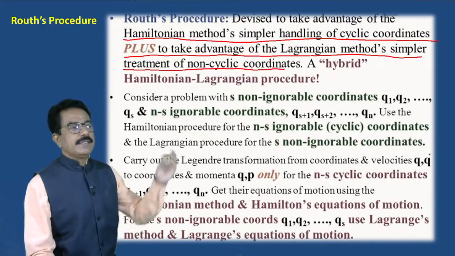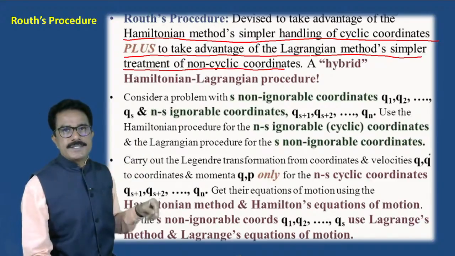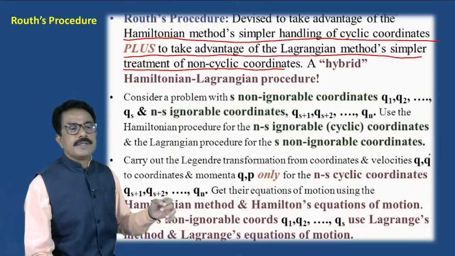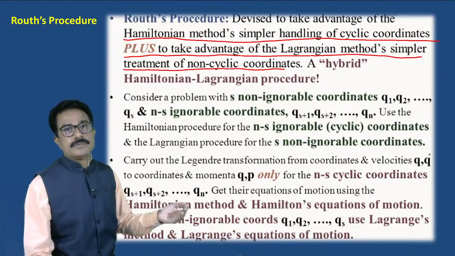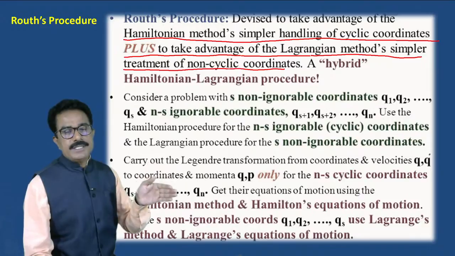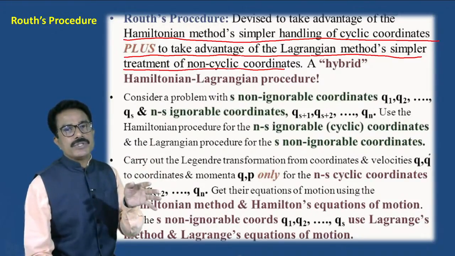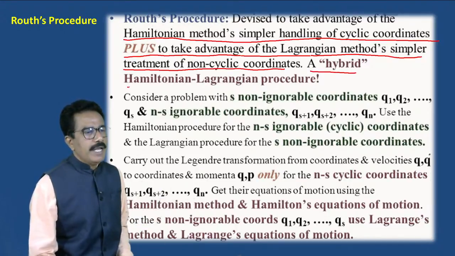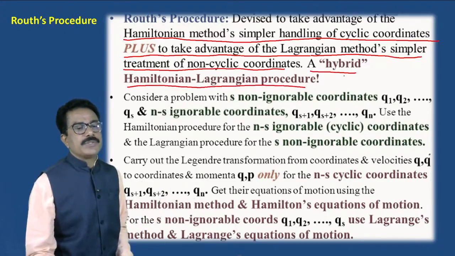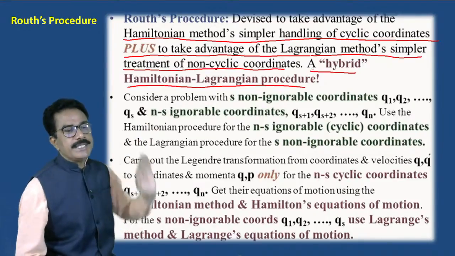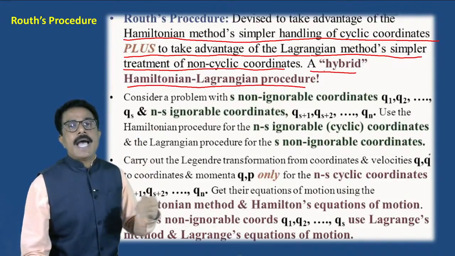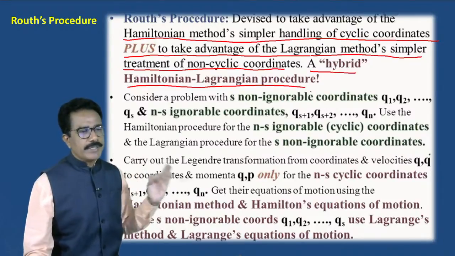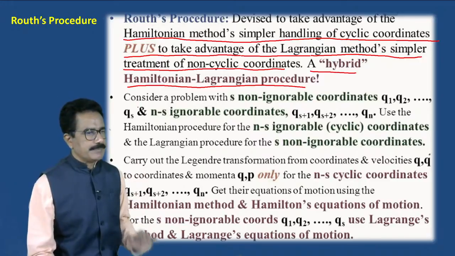That means the Routh procedure is the combination of the Lagrangian equation and the Hamiltonian principle. That is a hybrid, meaning a mixed procedure of Hamiltonian and Lagrangian procedures. Actually, the Routh procedure is the hybrid or generalization or mixing of the Hamiltonian and Lagrangian procedures.